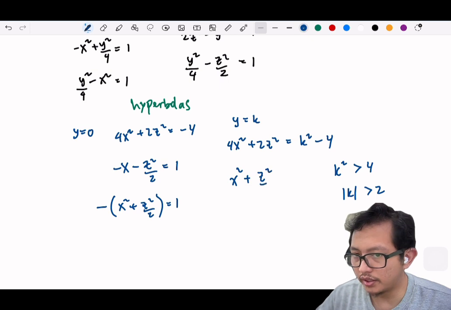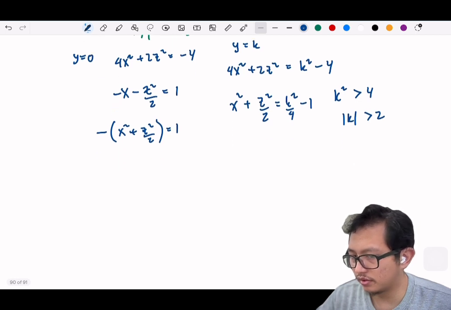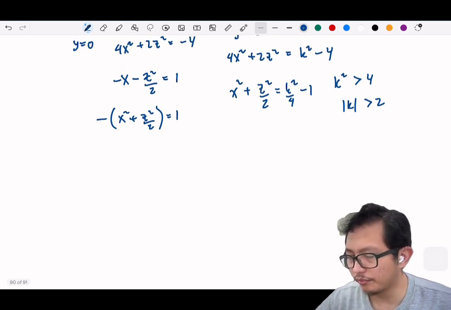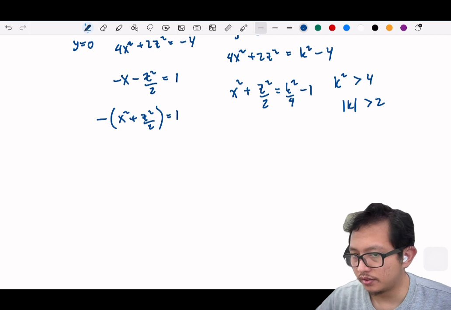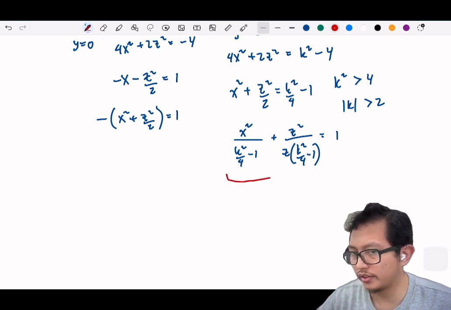So we can also write this ellipse with x squared defined over k squared over 4 minus 1. Okay.